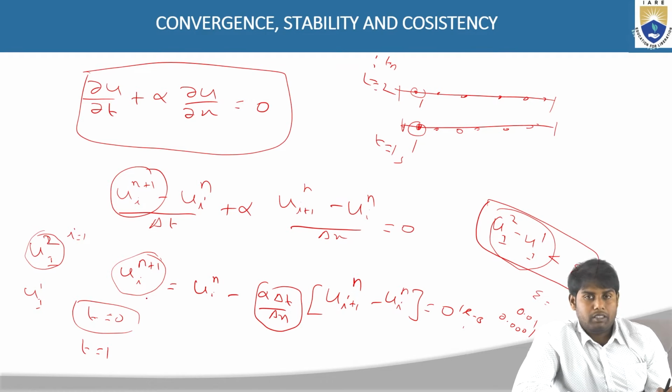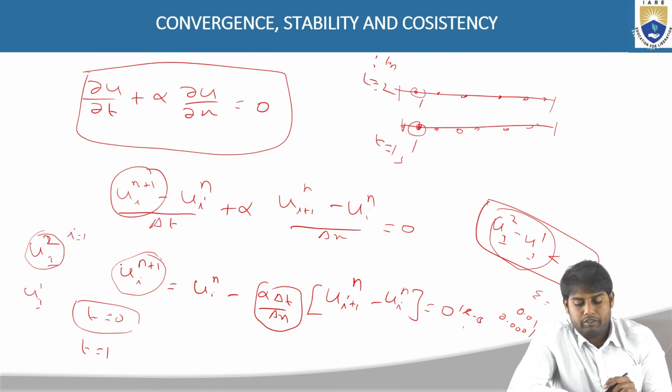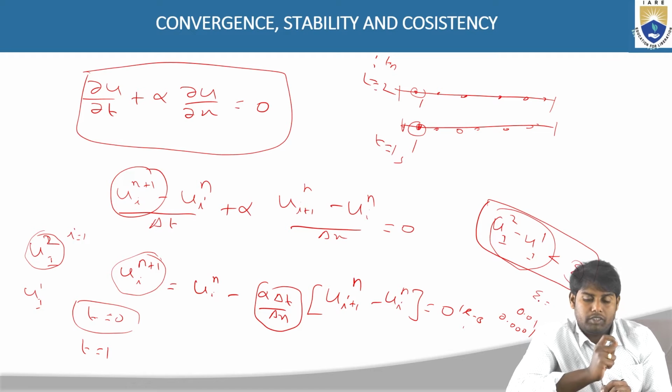At the next time level you will have u of i, let's say this is n plus 1. Next you have another time level. So the difference between those two, if you have certain error less than the error which you have specified, then you can say that the simulation has converged. So this is one of the methods to see the convergence criteria.